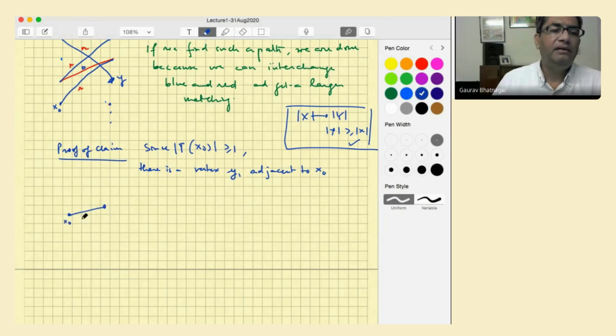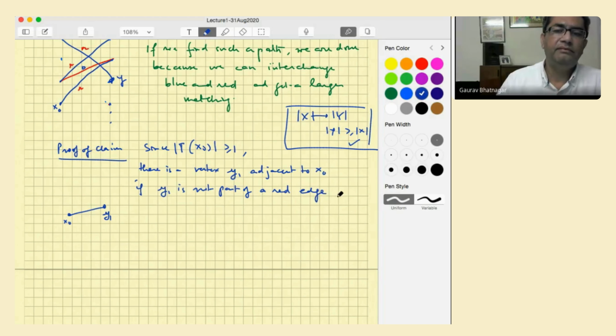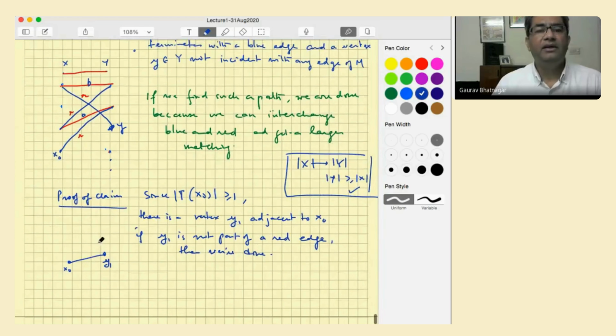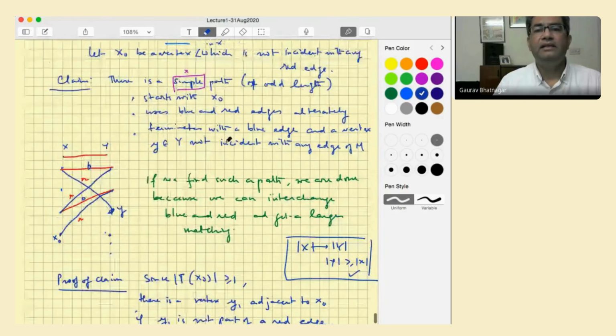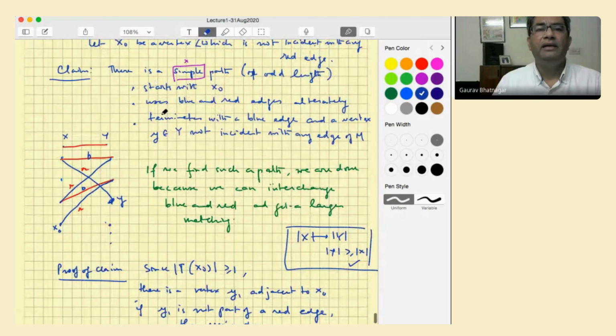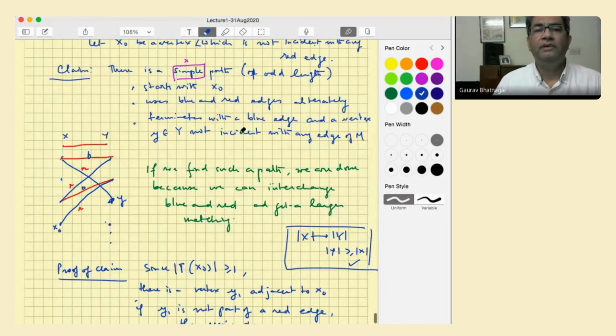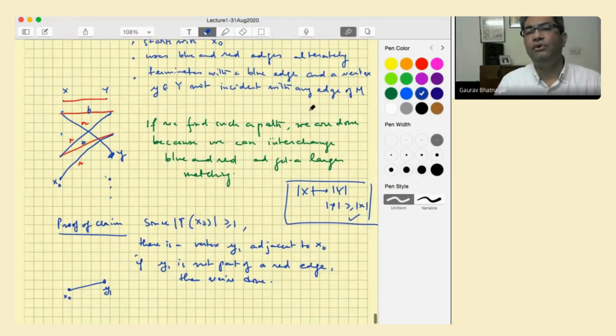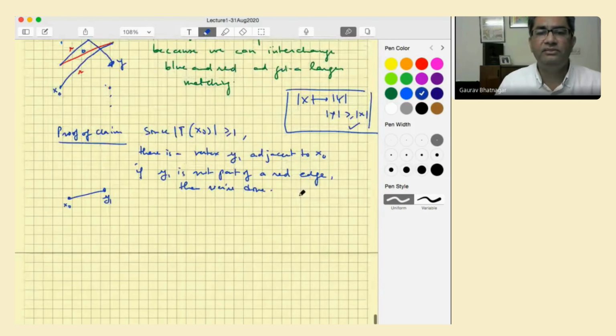Now if y1 is not part of a red edge, then we are done. We have found a path. It's an odd length path which alternates blue and red. Well, there's no red, there's just blue. It starts with x naught and terminates with a blue edge and a vertex y which is not incident with any edge of the matching. So we are done.